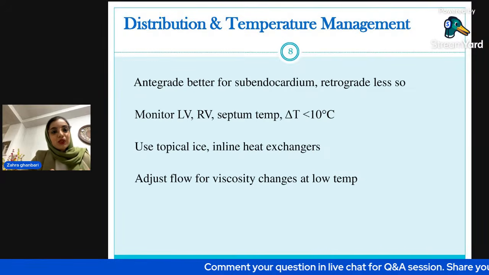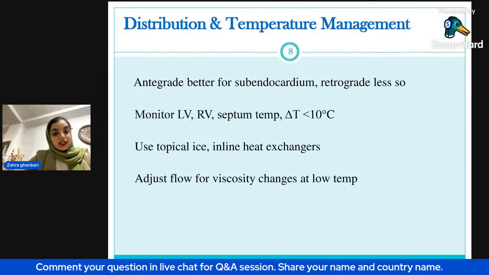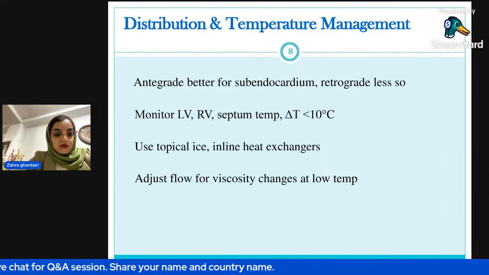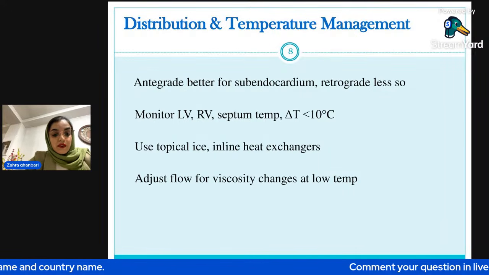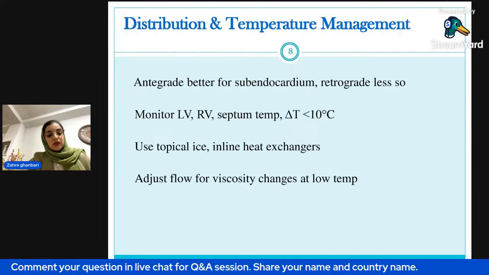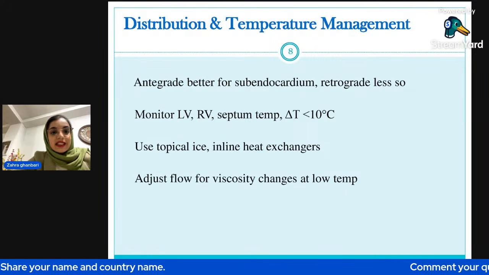Thank you. Distribution and temperature management. Antegrade gives better perfusion of the subendocardium, and retrograde gives less subendocardial coverage. Monitoring the LV, RV, and septum temperature is important, and we should keep the difference between the perfusate and myocardium less than 10 degrees centigrade.